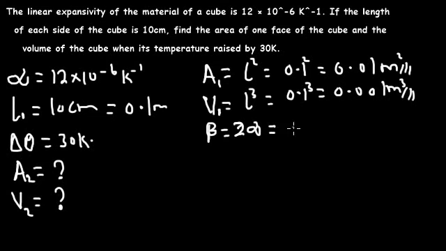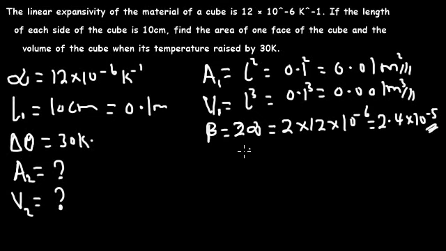So it means the area expansivity of the material of the cube will simply be equal to 2 multiplied by 12 times 10 to the power of negative 6. If we type that into our calculator, 2 times 12 is 24, so that should be 2.4 times 10 to the power of negative 5.